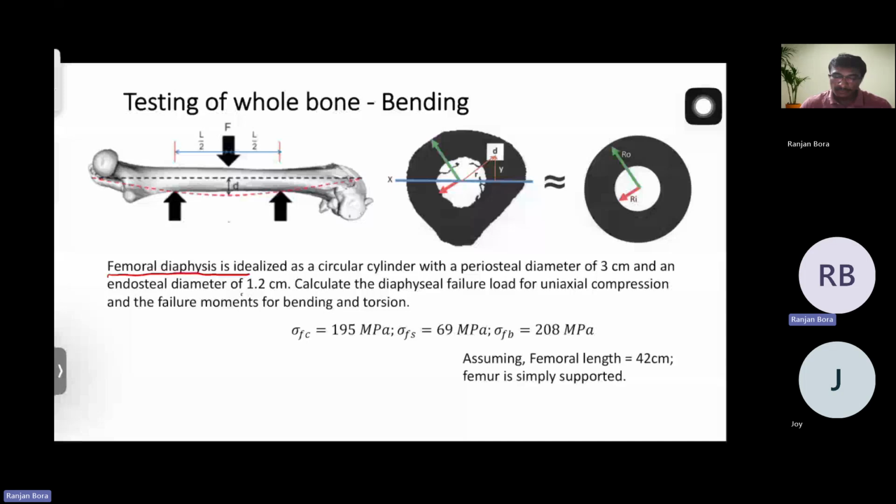Here the failure stresses for compression, shear and bending are given, and the femoral length L is 42 centimeter, and the femur is simply supported. We need to do this problem.